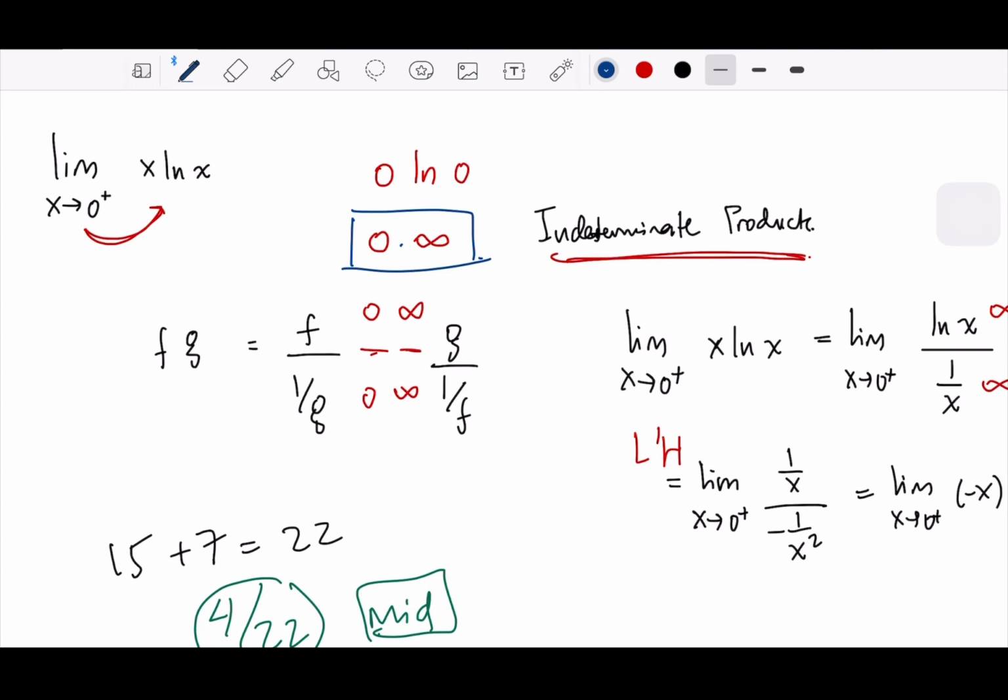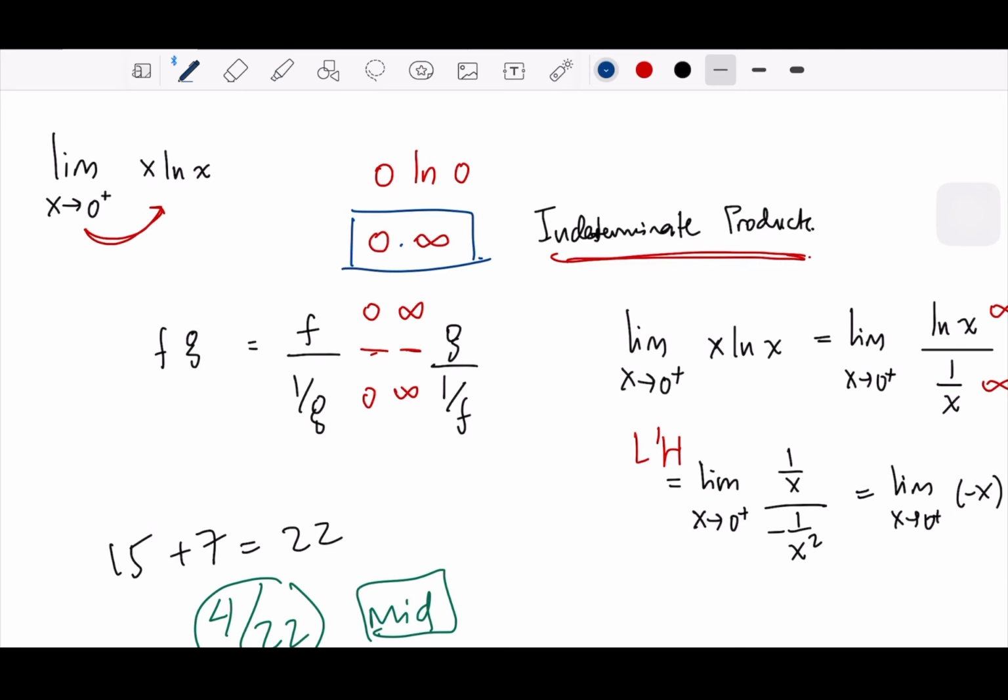We can either take f and make the denominator 1 over g, or take 1 over f as the denominator. Why are we doing this? Because we want to force the 0 times infinity to become 0 over 0 or infinity over infinity. So we are taking it back to our original situation, that the indeterminate form is 0 over 0 or infinity over infinity.